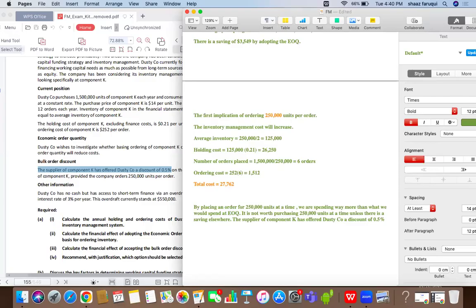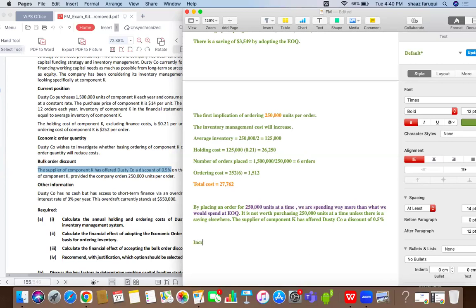So in this case, I'll do the math here. I said placing an order for 250,000 at a time is not worth it. We're spending way more than what we would spend at EOQ. So I want to know how much extra we are spending. So that part I'm putting in purple.